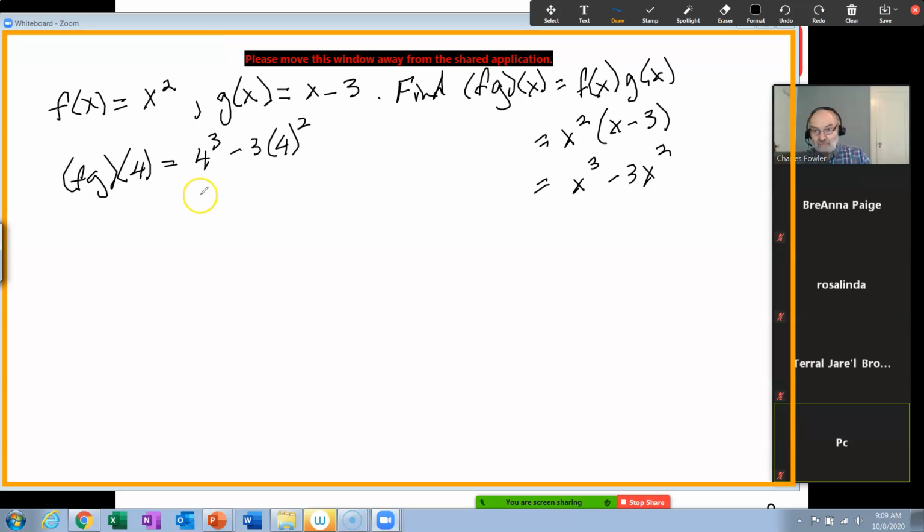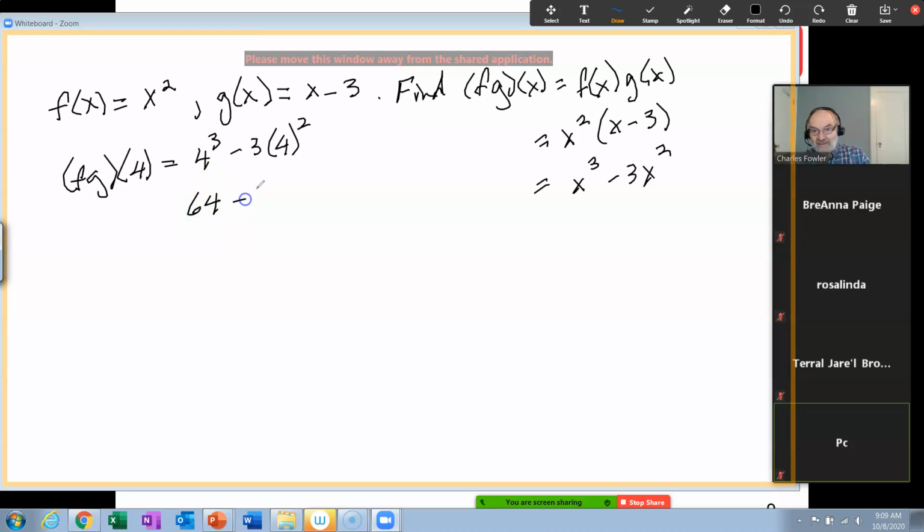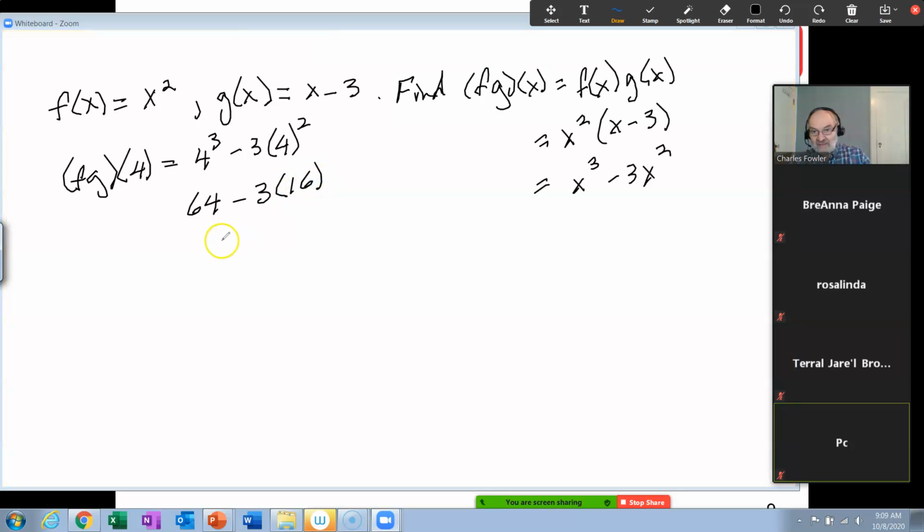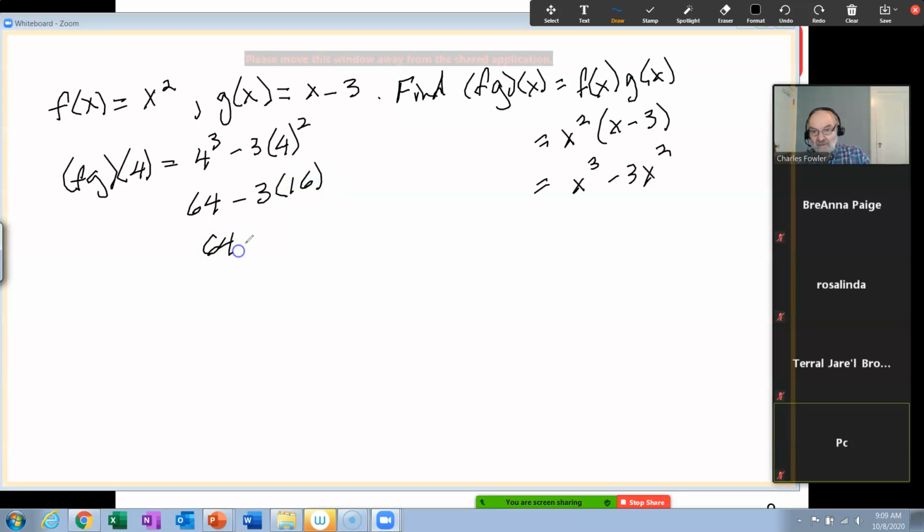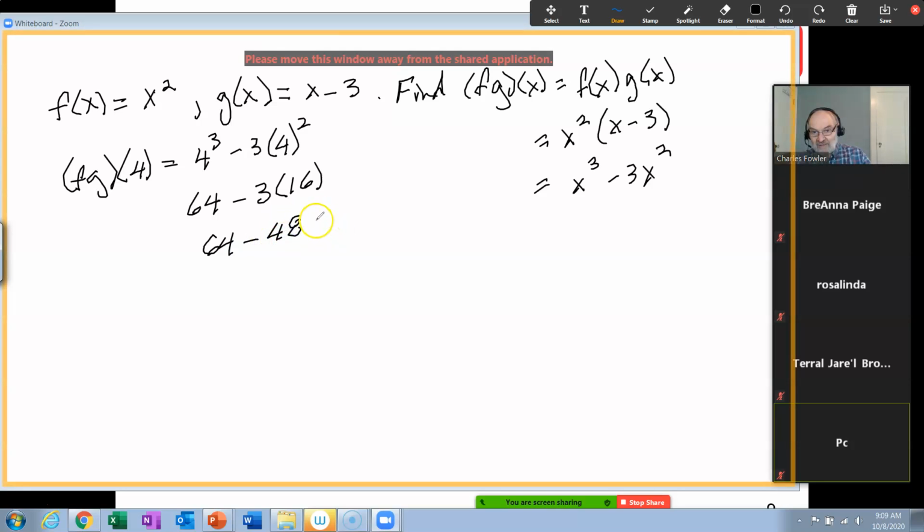Okay, 4 cubed, 4 times 4 is 16, times another 4 is 64, minus 3 times 16, that's 64 minus 48, and I'm pretty sure that is 16.